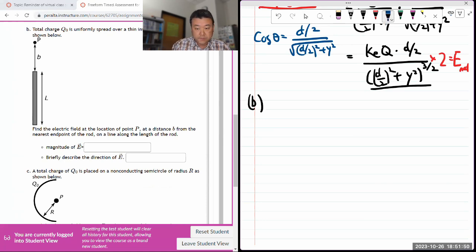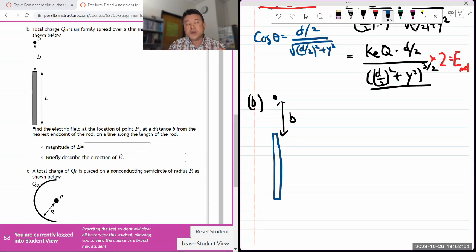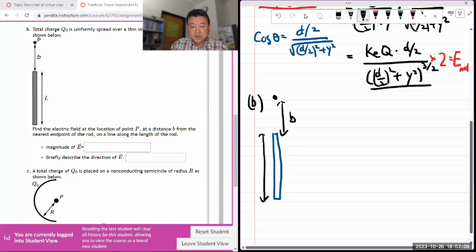So you have a rod like this, and we are looking for the electric field at a point P that's a distance b away. And when you are trying to find electric field by integration, the starting point is to express the contribution to the electric field due to some small representative element that's going to have charge dq.